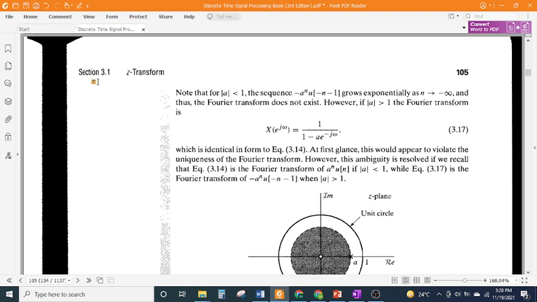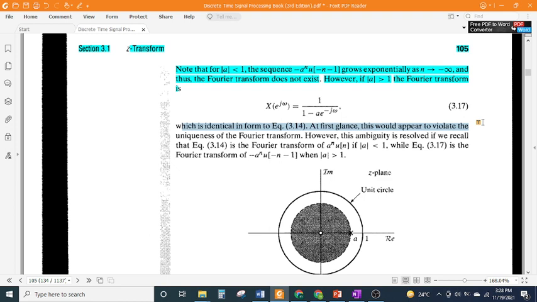At first glance, this would appear to violate the uniqueness of the Fourier transform. However, this ambiguity is resolved if we recall that Eq. 3.14 is the Fourier transform of a^n u[n] if |a| < 1, while Eq. 3.17 is the Fourier transform of -a^n u[-n-1] when |a| > 1.